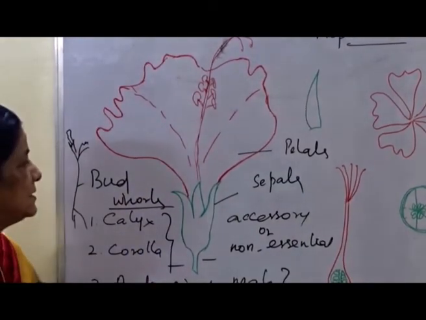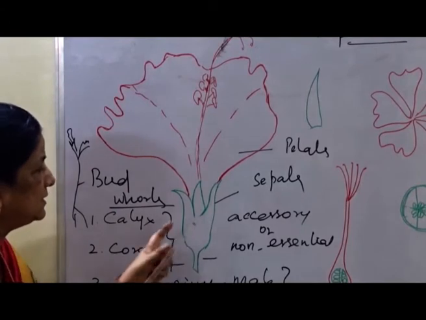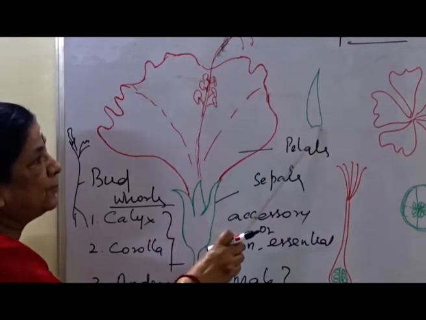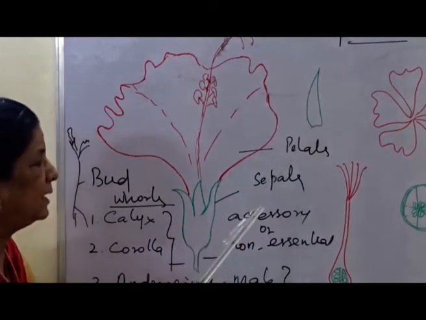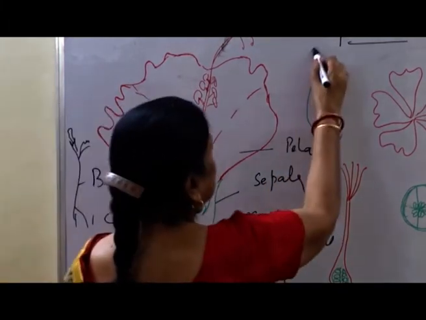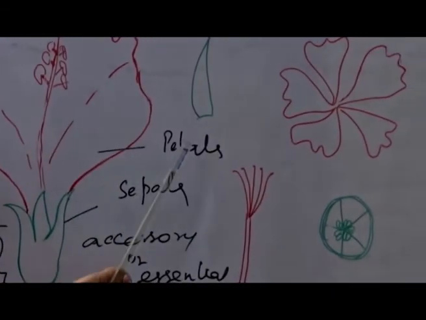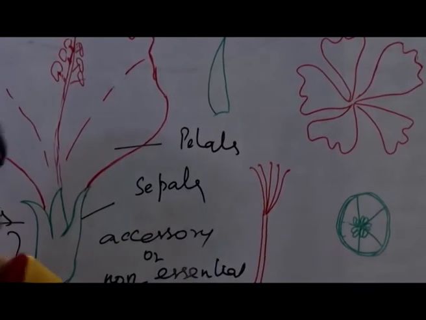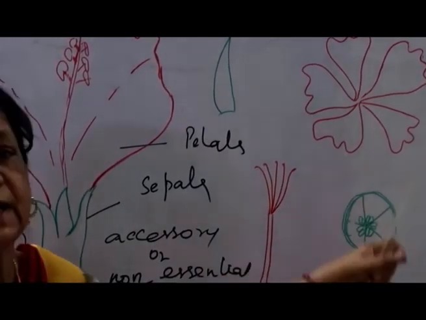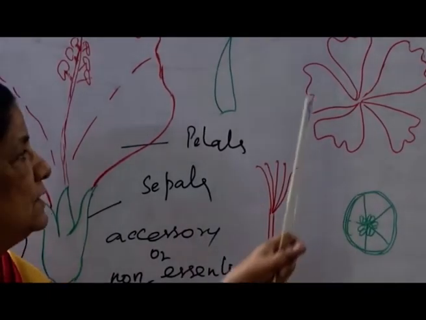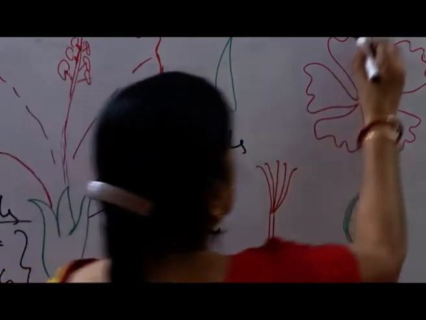Now this calyx, when it is separated, this is forming a single sepal. So now I am labeling a single sepal. And these are the petals. Corolla is formed of petals. When we remove the petals, normally we arrange them like this. So these are the petals of a flower.